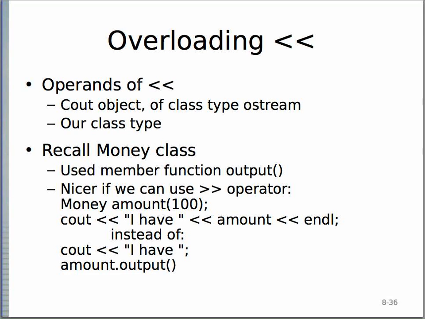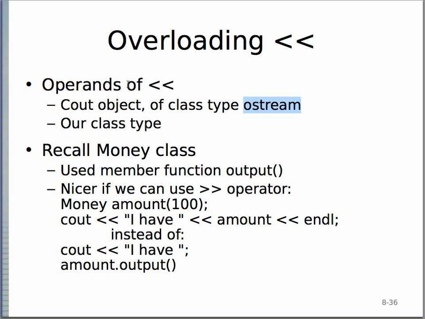So what are the operands of this operator? On the left-hand side is the cout object. This is of class ostream, the output stream. We haven't had to deal with that so much, but now we will. This is the name of the class that cout is an instance of. It's built into iostream, and that's why we include iostream in all our programs.